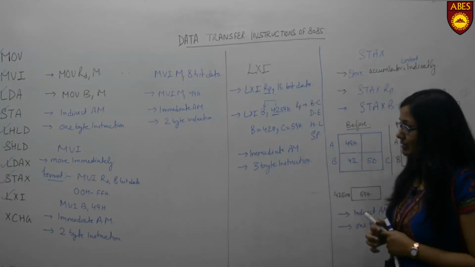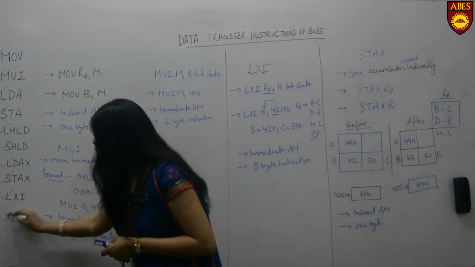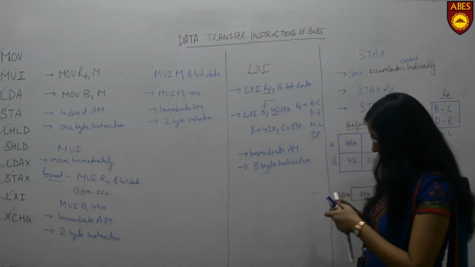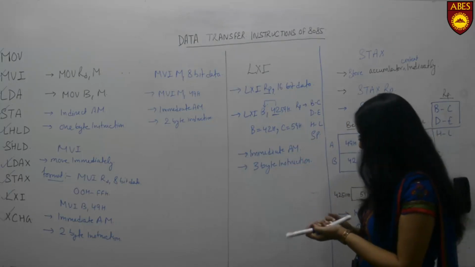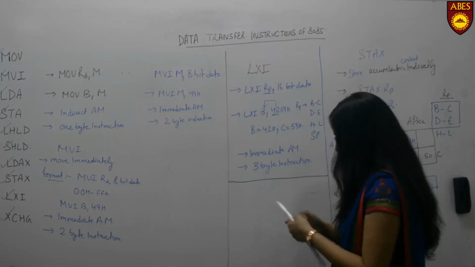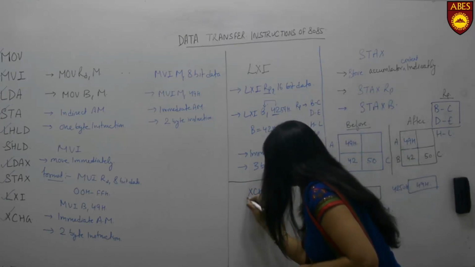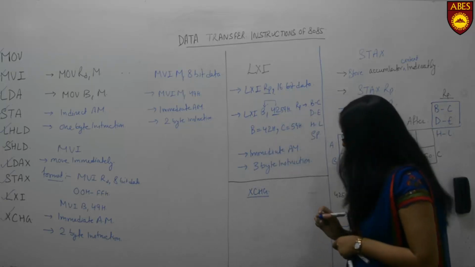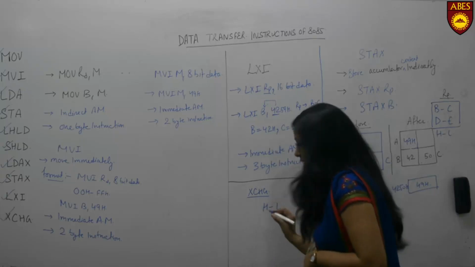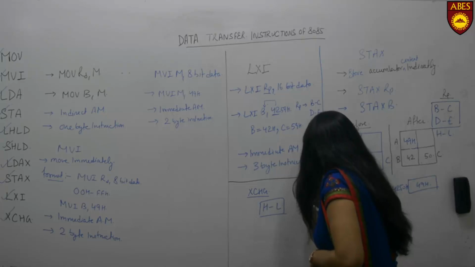Now the next instruction of data transfer group is exchange, XCHG. The mnemonic for this instruction is XCHG. This instruction is used to exchange the data of HL register pair with DE register pair.